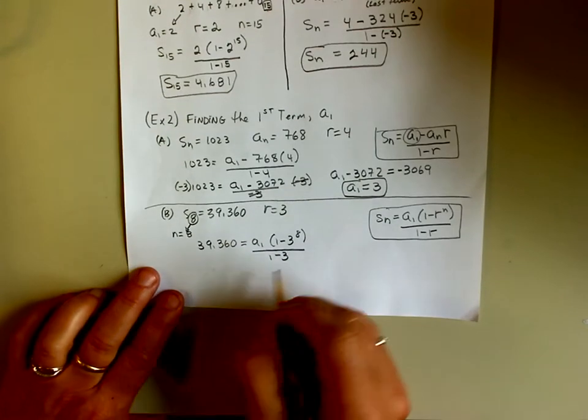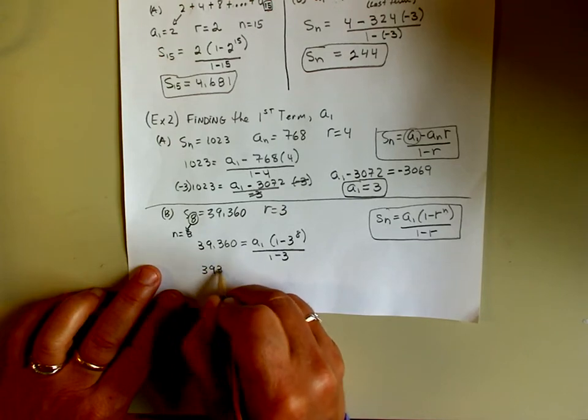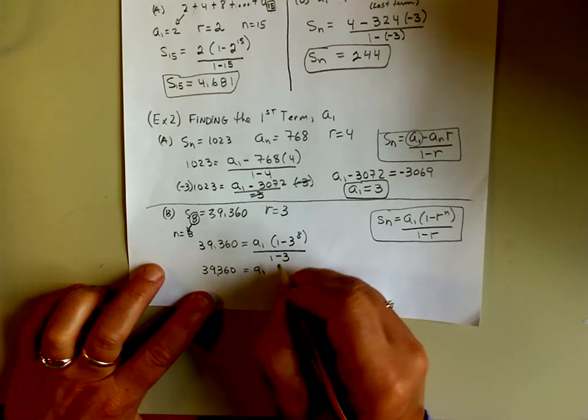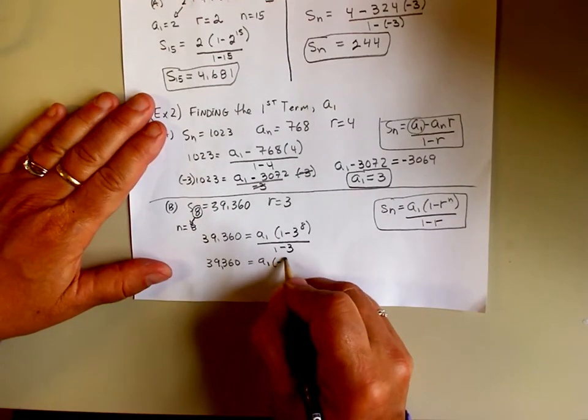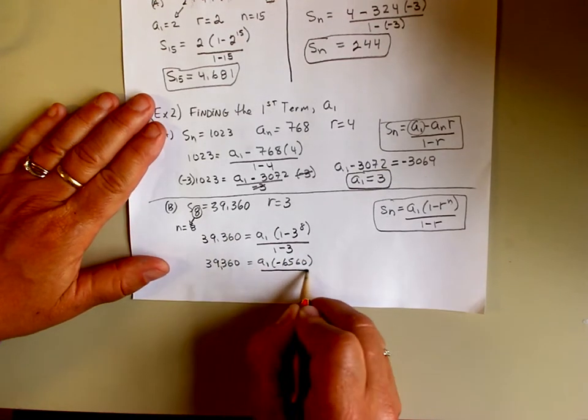Okay, simplifying. I'm going to take 1 minus 3 to the 8th power. Find that value, which is negative 6,560 divided by negative 2.